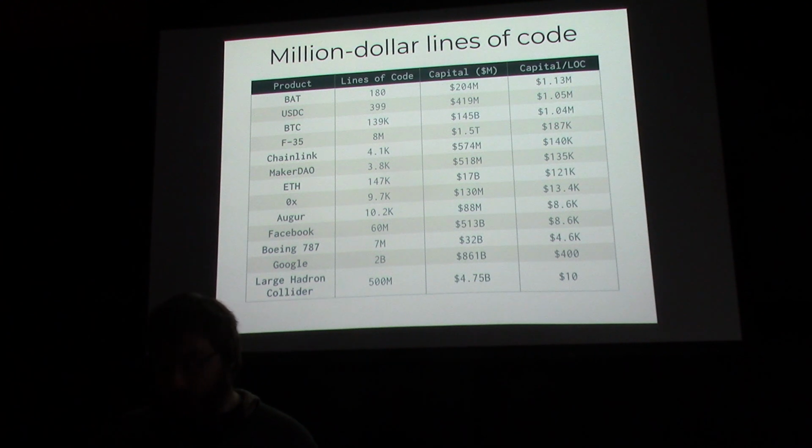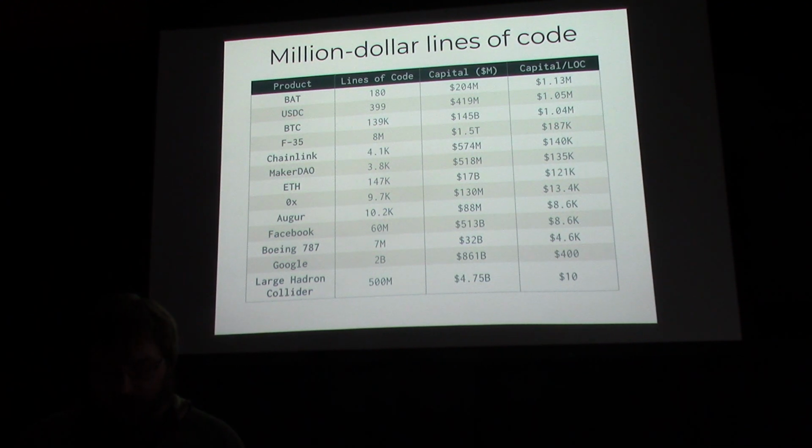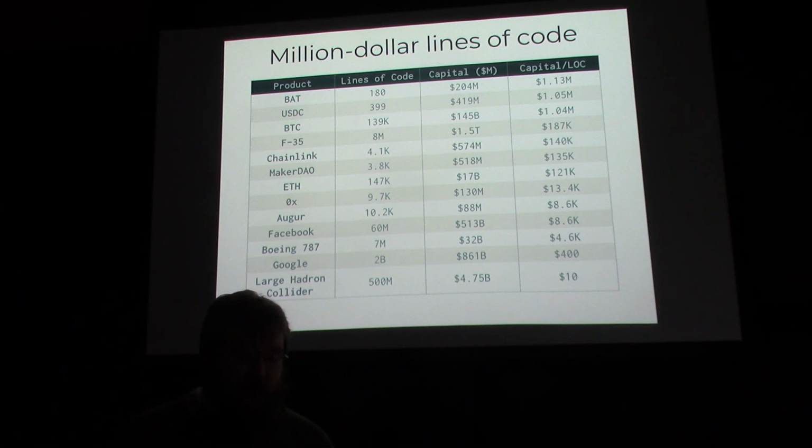So if you have a million lines of code, then it makes sense to invest some fraction of that in tools or expertise that is going to make sure that those lines of code are the correct lines of code.